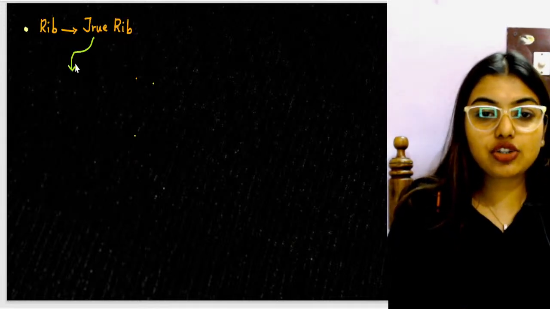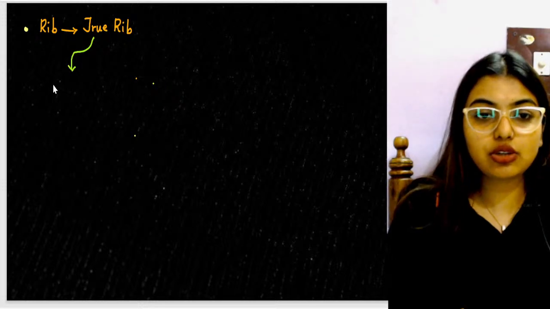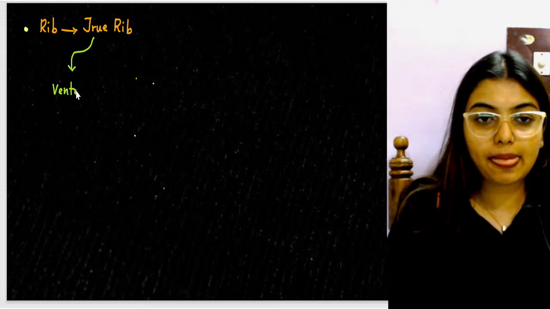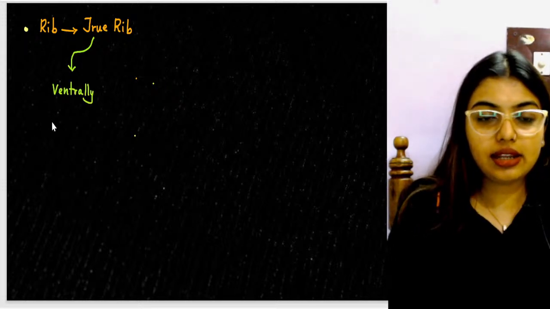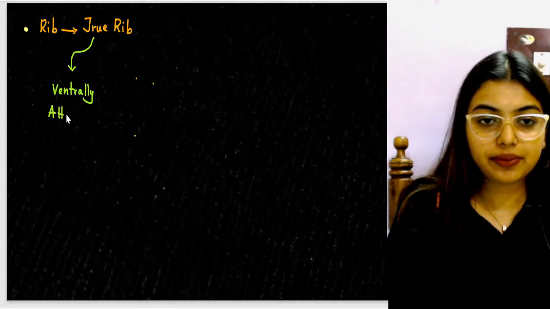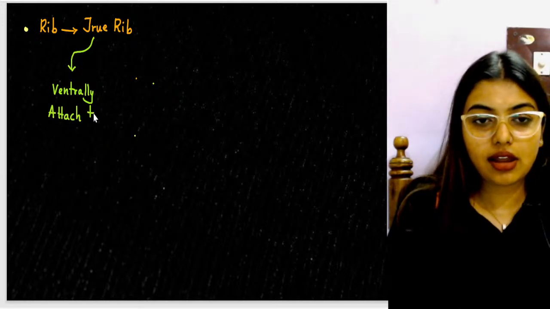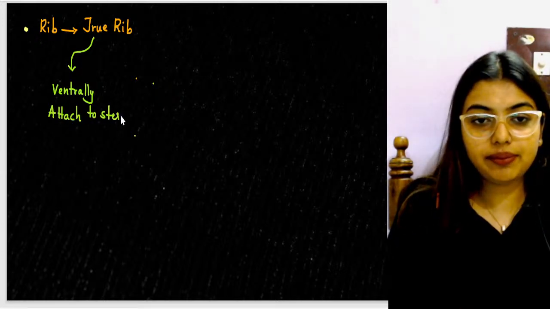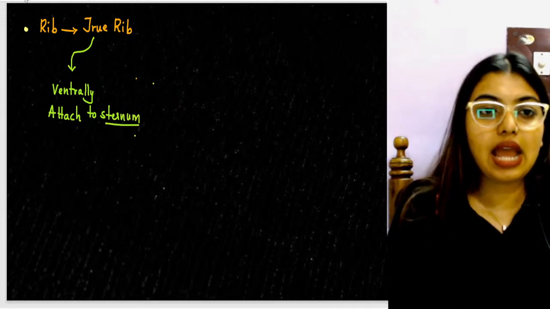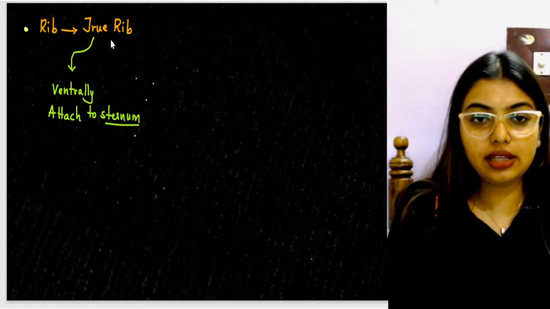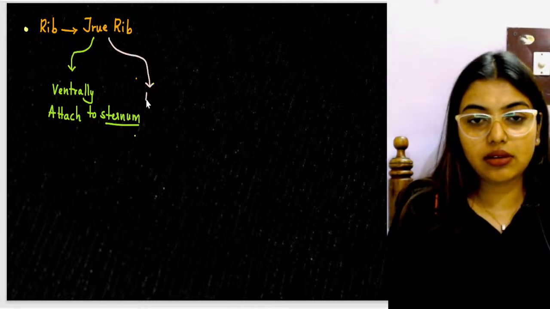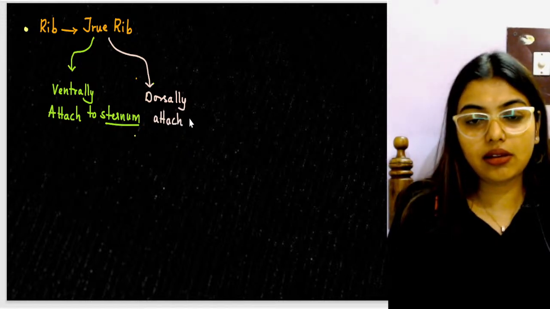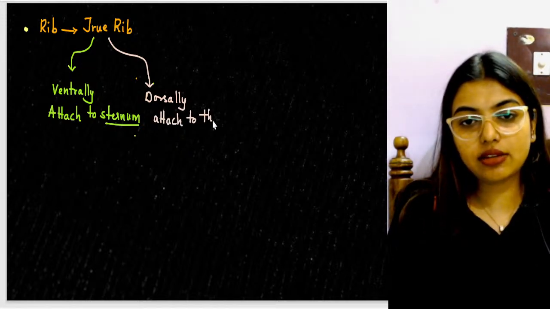I will call a true rib if it is going to ventrally attach to the sternum, and dorsally attached to the thoracic vertebrae.